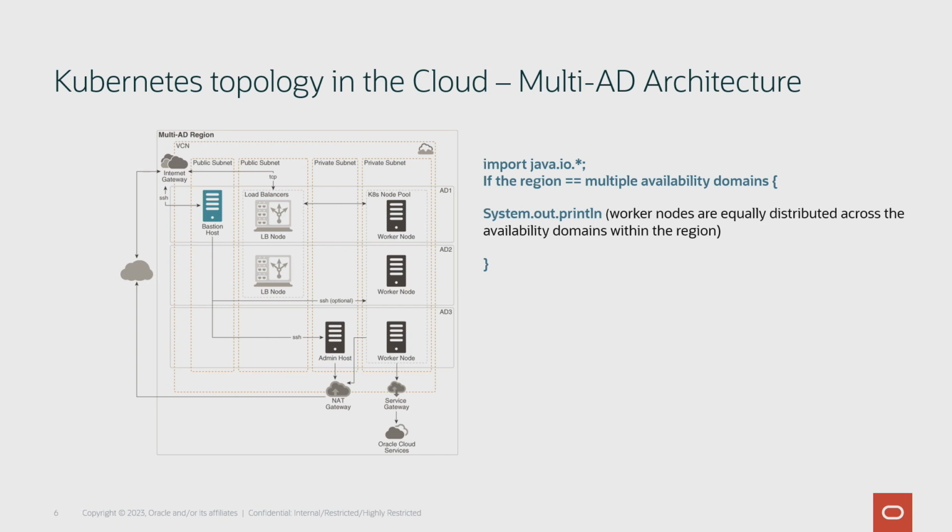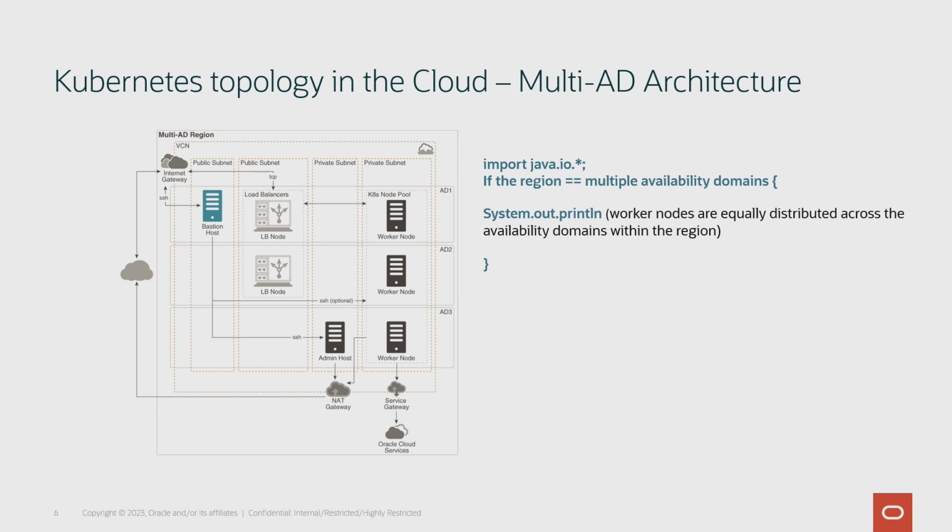And when you switch from a single AD region to a multi-AD region, things would not really be different. It's probably the same. In a multi-AD region, you would have multiple availability domains, right? And within each availability domain, you would still have those fault domains.